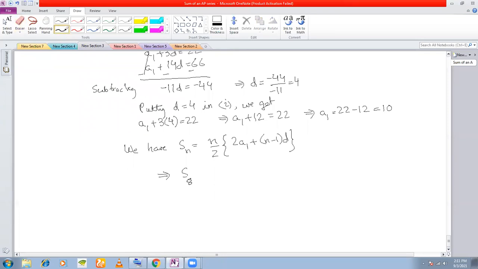So S8 is equal to 8 by 2. And now you put the value of A1 and D. A1 we have found out as 10, n is 8, and D we found out as 4. So you can cancel here. Get 4 into 20 plus 7 into 4, which is 28, which is equal to 4 into 48, which is 192.